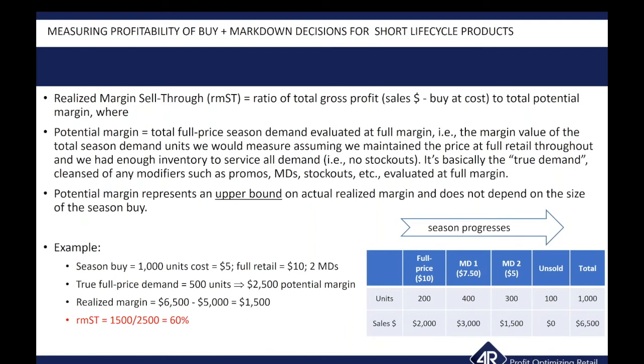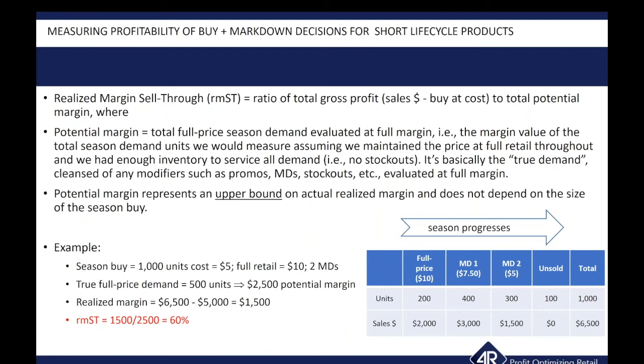And finally, we take a second and last markdown down to $5, a 50% markdown, to sell an additional 300 units. And by the time the end date comes around, there's still 100 units unsold, which we will write off, basically bringing in zero revenue. So 1,000 units bought. We sold 900 of those, and the total sales dollars are $6,500.